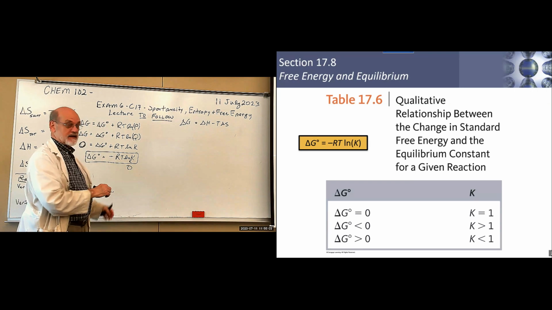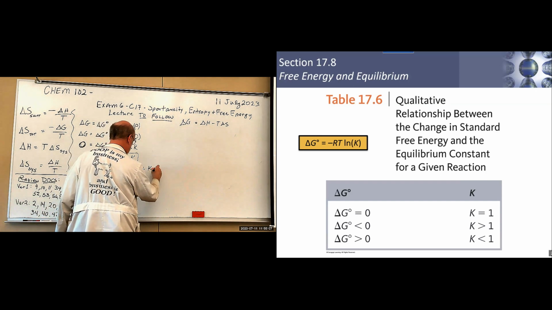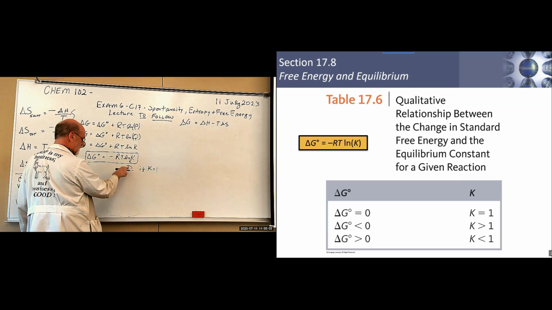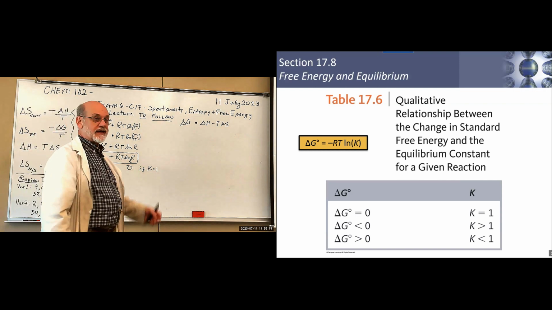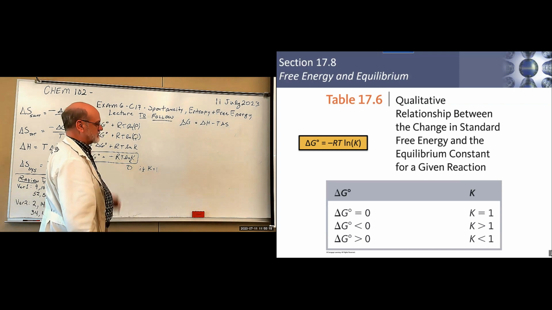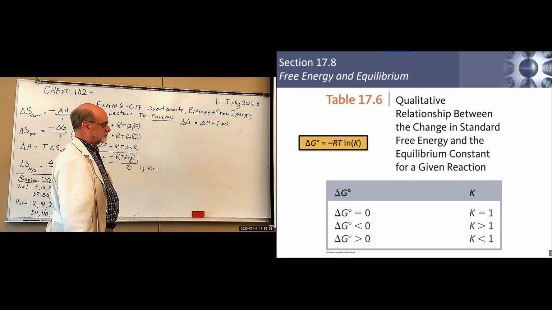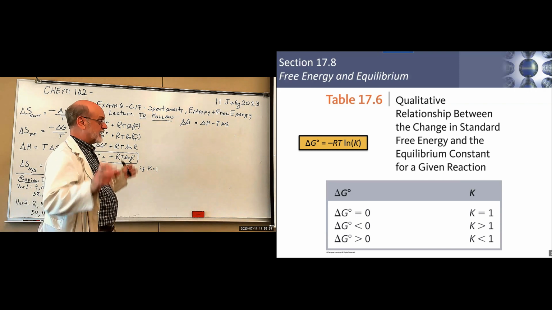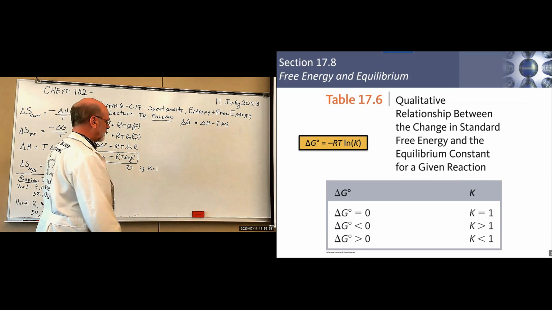If K equals 1, then that term is 0. That means the whole thing is equal to 0. So if K equals 1, then delta G0 is 0. And it's not spontaneous at all. I mean, it just sits there.